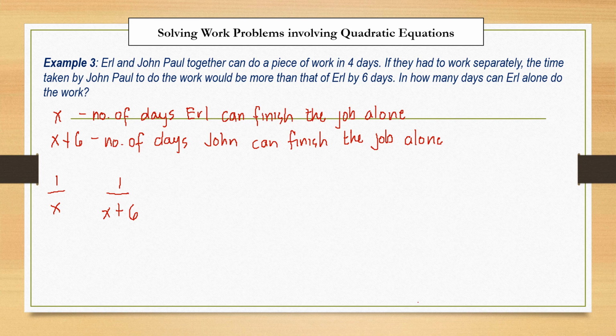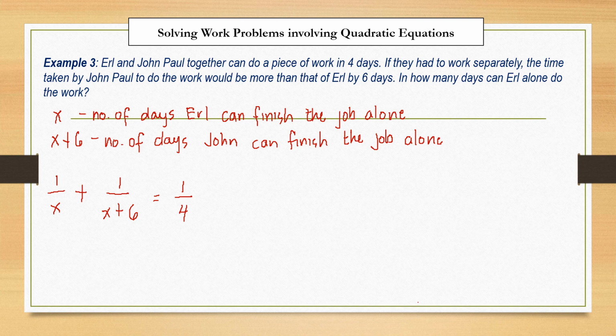Now, if they are going to work together, how do we represent the amount of work that both of them can finish in 1 day? That would be 1 over x plus 1 over x plus 6 is equal to 1 over 4, since they can do the piece of work in 4 days if they work together.